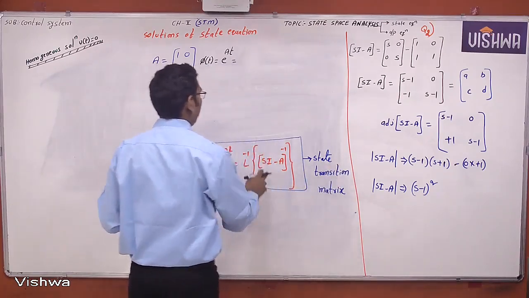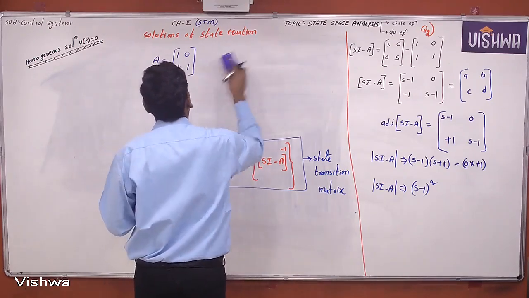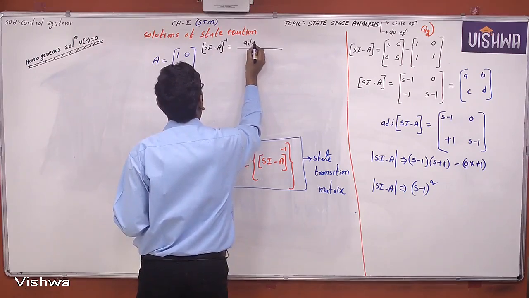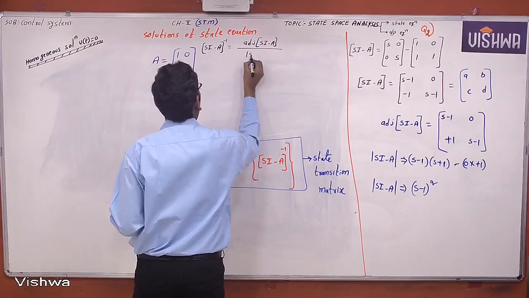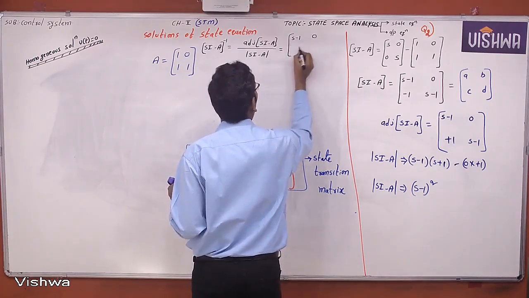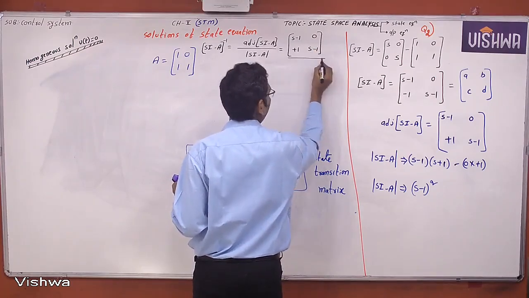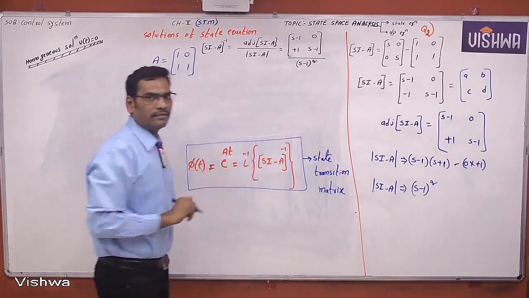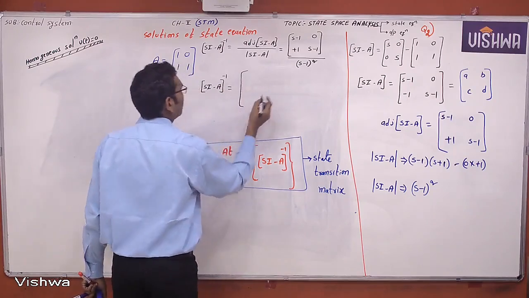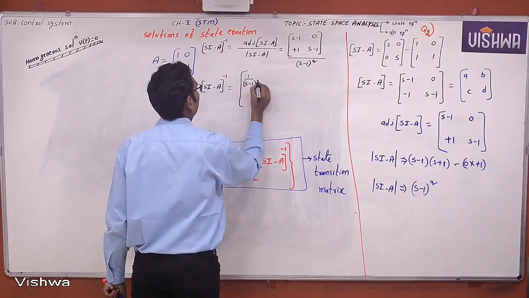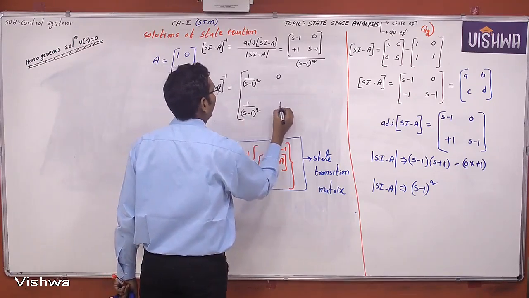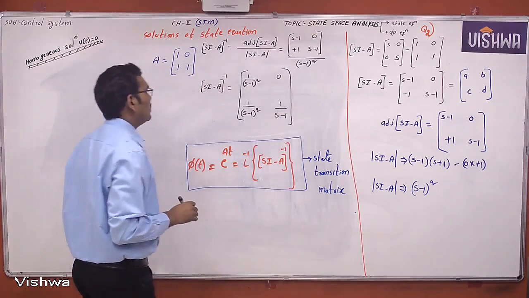Now first we'll see the sI minus A matrix inverse, which is the adjoint of sI minus A by the determinant of sI minus A. The adjoint is s minus 1, 0, minus 1, s minus 1, by the determinant (s minus 1) whole square. Therefore the sI minus A matrix inverse is 1 by s minus 1, 0, 1 by (s minus 1) whole square, 1 by s minus 1.